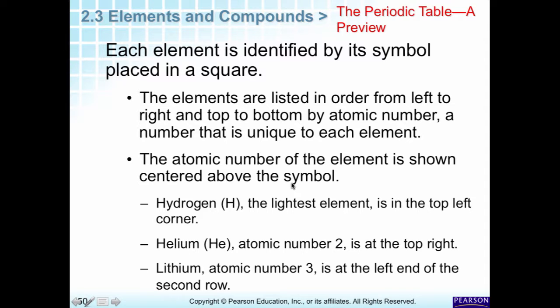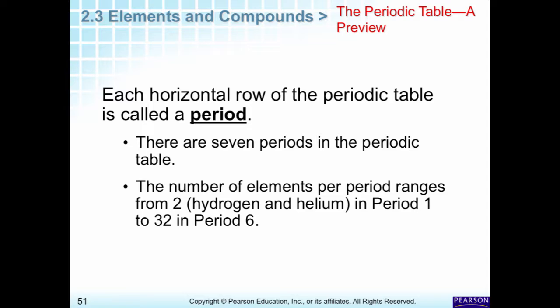Okay, so hydrogen is in the upper left corner, helium is up on the upper right, then lithium starts the second row with number 3. Now what do we call the horizontal rows? We call them periods. So rows are periods, and there's 7 of them.